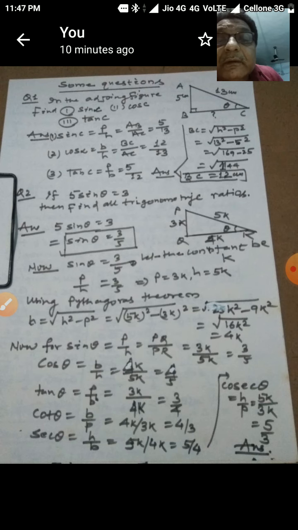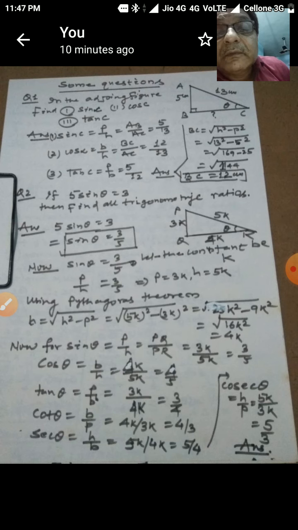Here theta is angle C, so we may say sin C, also cos C and tan C. In case of sine, it is the ratio of P and H. For angle C, P is AB, H is AC. So AB by AC, both are known, so it is 5 by 13. So sin C comes 5 by 13.